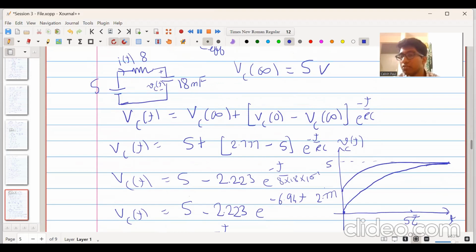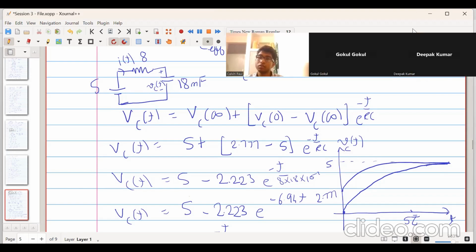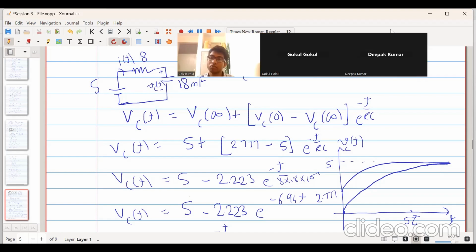The time it takes to settle around 5 volt will still be 5 into the time constant. Even though the initial voltage of the capacitor was different, it will settle at the final value in 5 into the time constant. That is one of the significance of the time constant method.